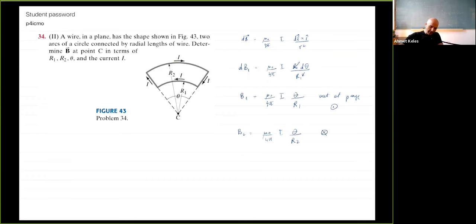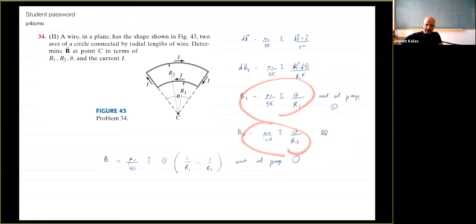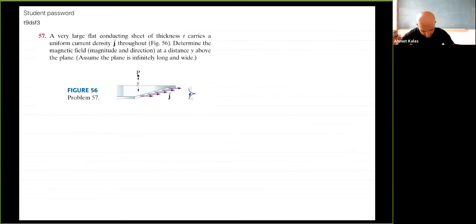Then total B is going to be equal to mu 0 over 4 pi I times theta, 1 over R1 minus 1 over R2, and I would say the total direction would be out of page, because I expect this guy to be bigger than this guy because R1 is smaller than R2. I think this one is short.